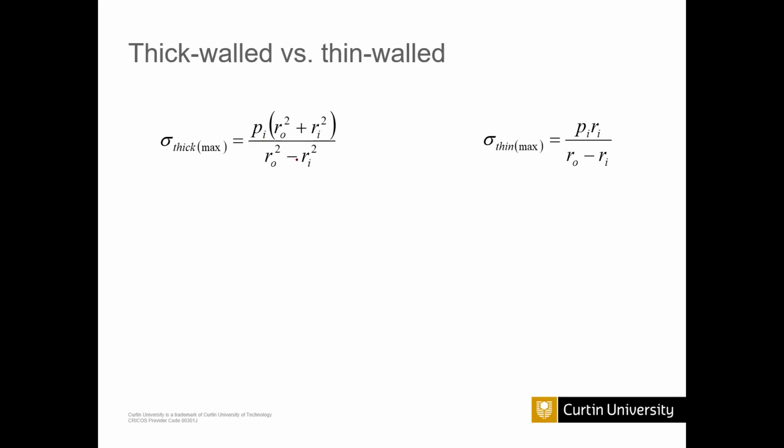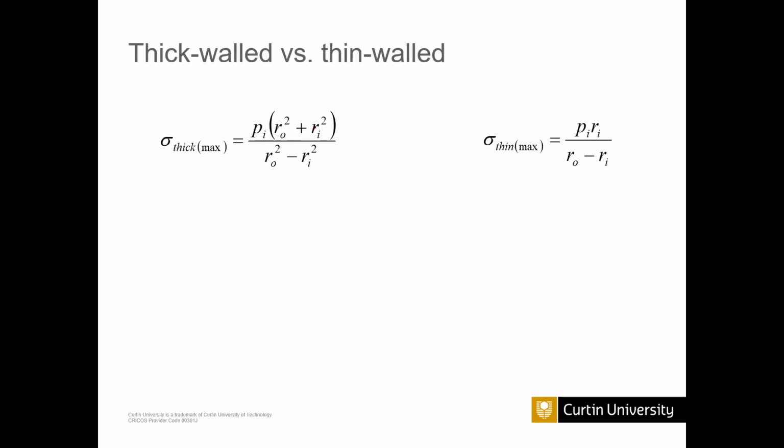But there is a small thickness. So we are not going to substitute Ri equals R naught here. This keeps remaining as it is. And here we will substitute R naught as Ri. Then you can easily see what happened.